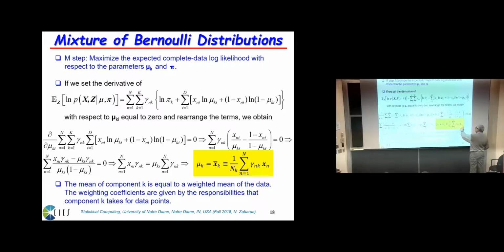So you take a summation over all points for the cluster K, weighted with the responsibilities that each point n belongs to the cluster K, divided by the total number of points N_k affiliated with the component K. The results are identical, right? This is not a Gaussian, however; it is a multi-Bernoulli distribution. We have D binary variables to work with here.